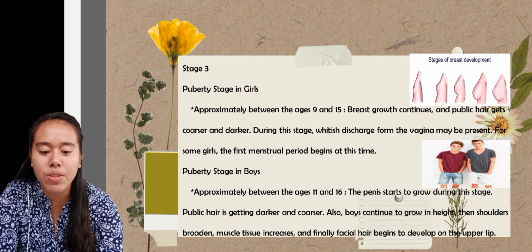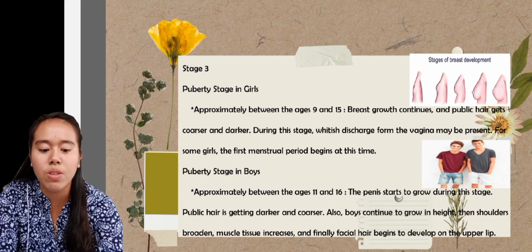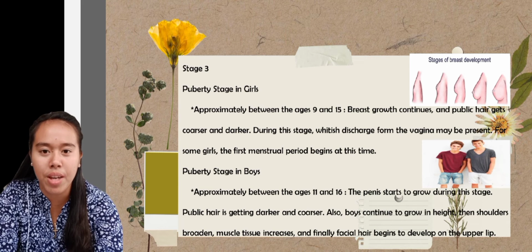Also, boys continue to grow in height, and even their faces begin to appear more mature. The shoulders broaden, making the hips look smaller, muscle tissue increases, and the voice starts to change and deepen. Finally, facial hair begins to develop on the upper lip.